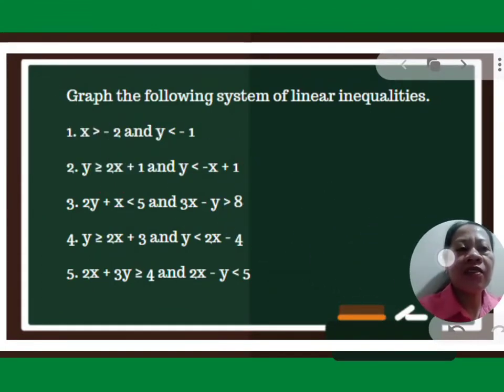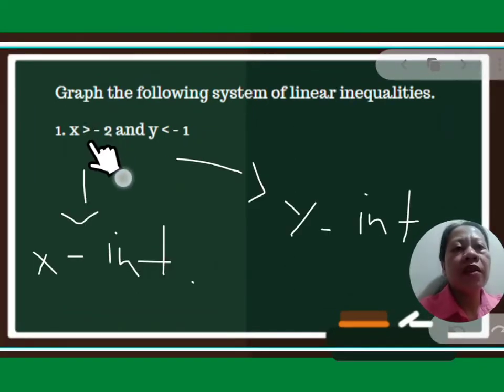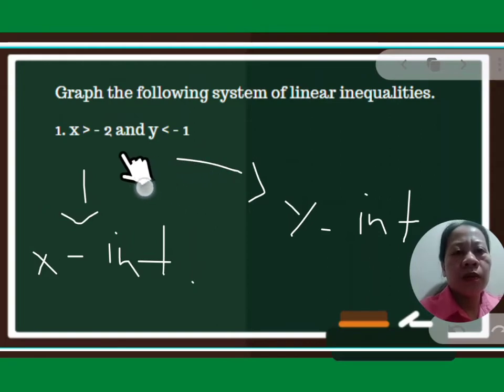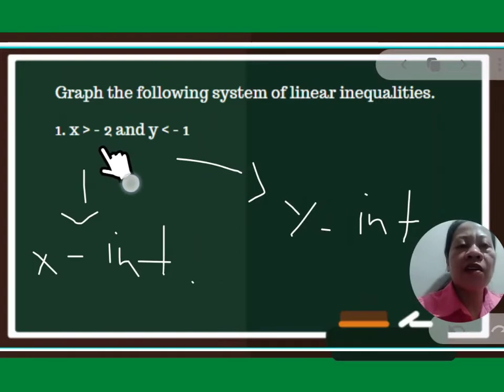Okay, so let us discuss these five examples in graphing the system of linear inequalities. So we have number 1, we have x is greater than negative 2 and y is less than negative 1. So, sa unang inequality, given na sa atin ang x-intercept. So, hindi na natin kailangang isolve pa ang x-intercept.